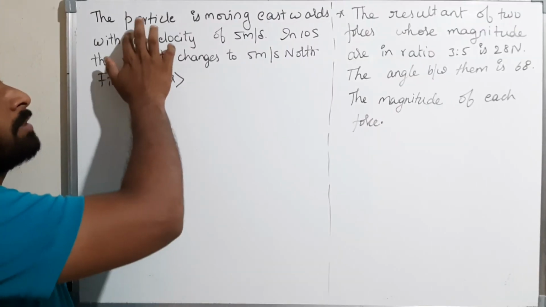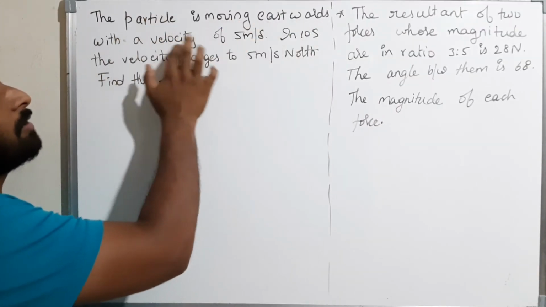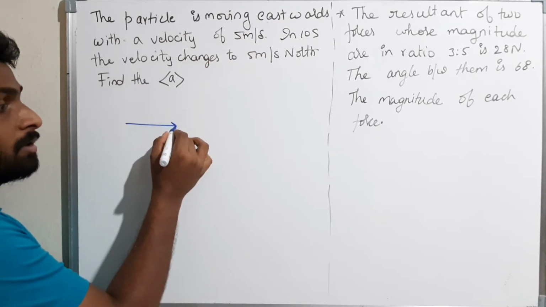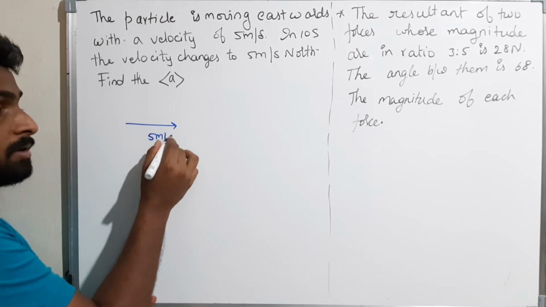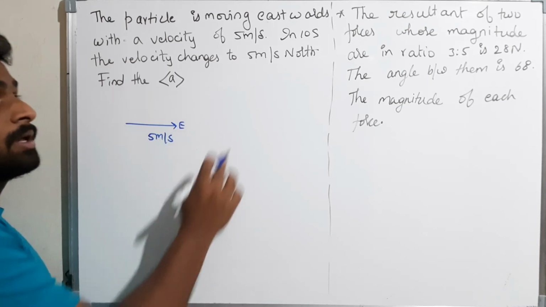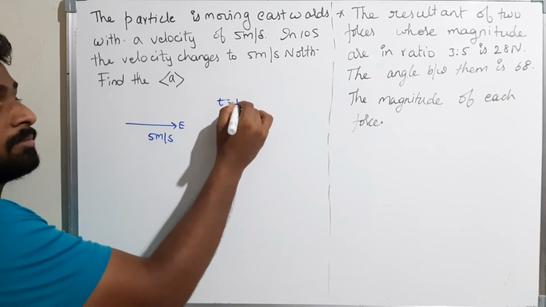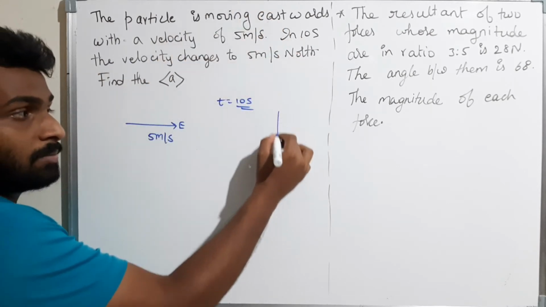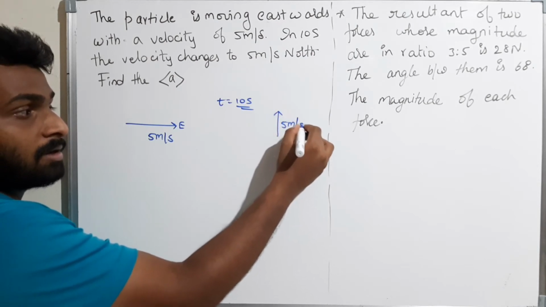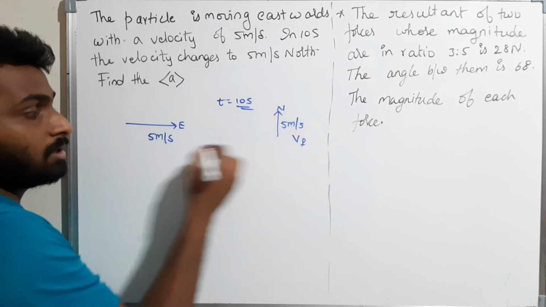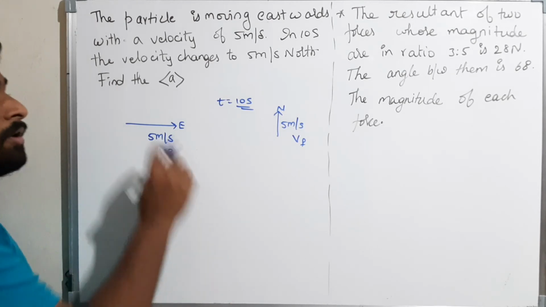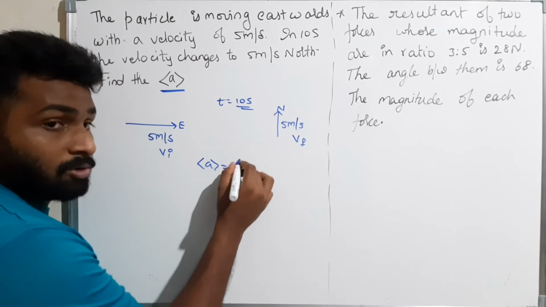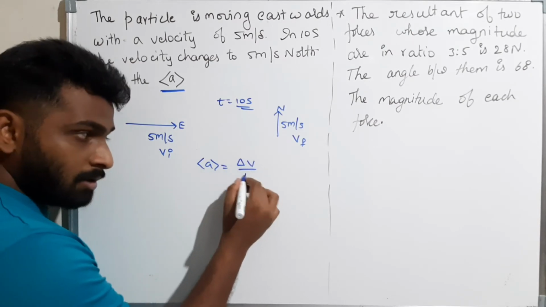Okay, see this question. The particle is moving eastwards with a velocity of 5 meters per second. That means initially the body is moving at 5 meters per second eastwards. Now in 10 seconds, the velocity changes to 5 meters per second northwards. This is the final velocity and this is the initial velocity. Now you have to find the average acceleration. What is average acceleration? The average acceleration is equal to the change in velocity by time.